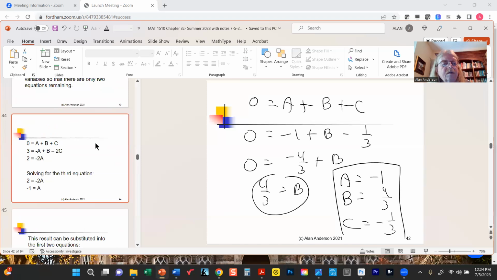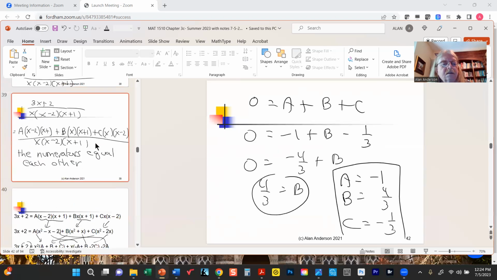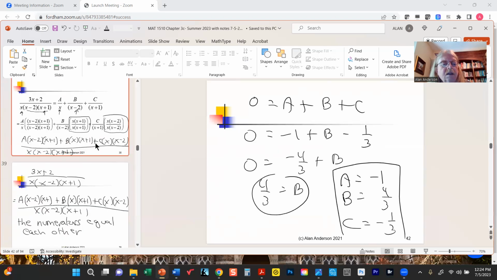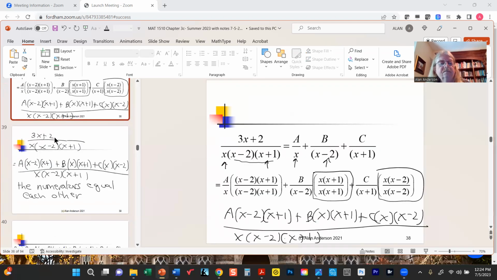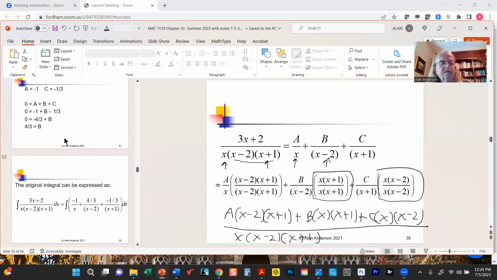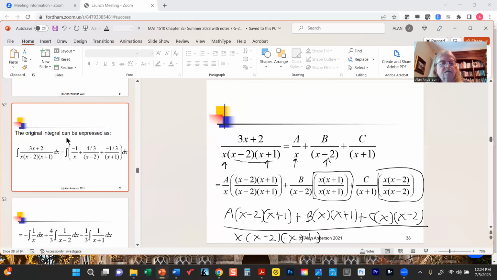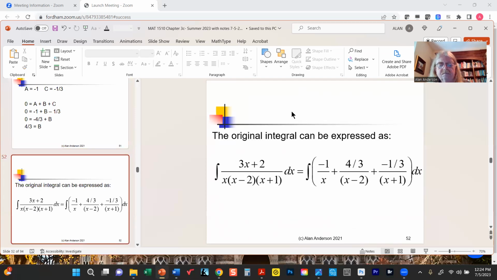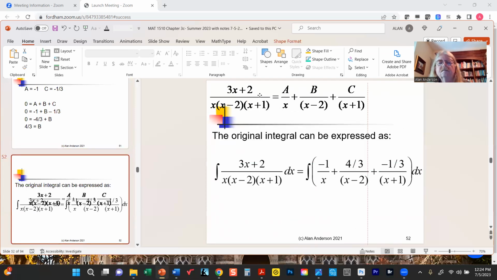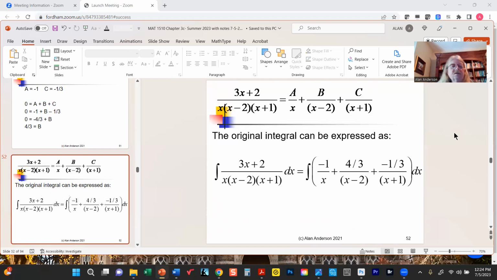So going back, this one, yes, let's grab this one. Okay, so once again, a quick reminder, A is -1, B is 4/3, and C is -1/3.